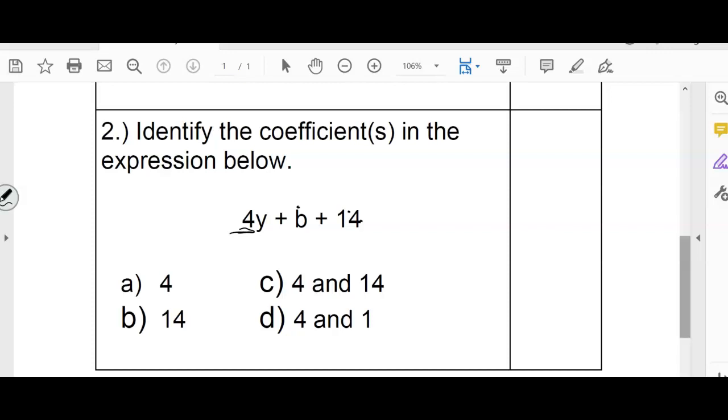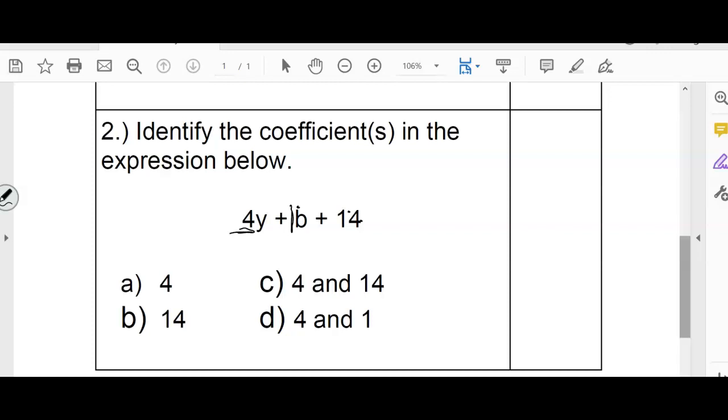What is the other coefficient then? Owen? 1. Where 1 goes in front of the b. Okay. How many b's are there? There's 1. We don't write that because it's just a b, so it represents 1. Is everyone okay with that? The coefficients are 4 and 1.